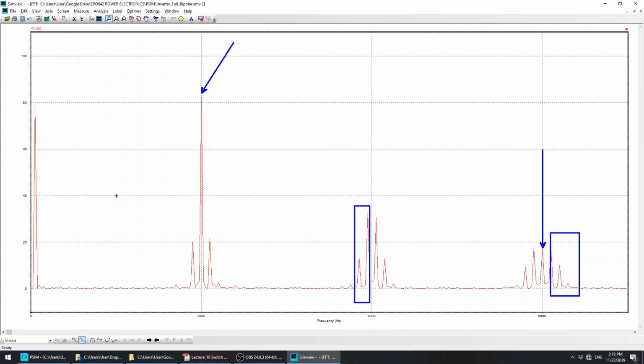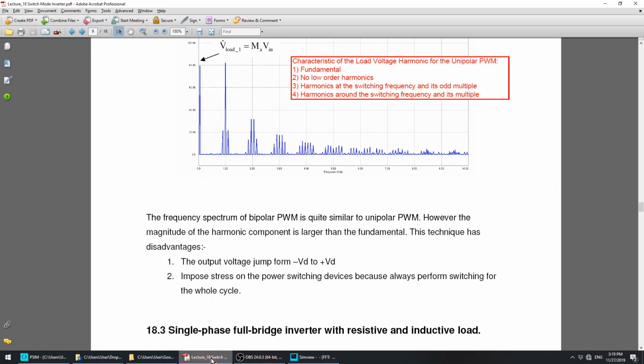All right, I think that's it for the unipolar and bipolar PWM. Next segment will be on the three-phase inverter, and finally we're going to continue with the detailed analysis of the PWM technique.